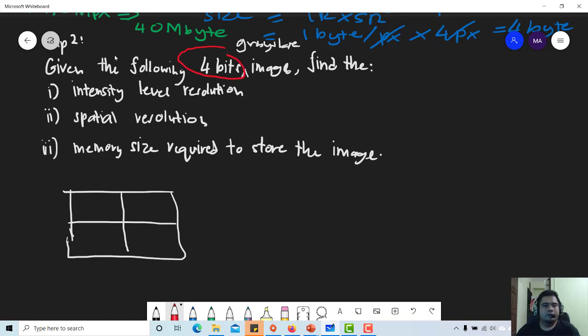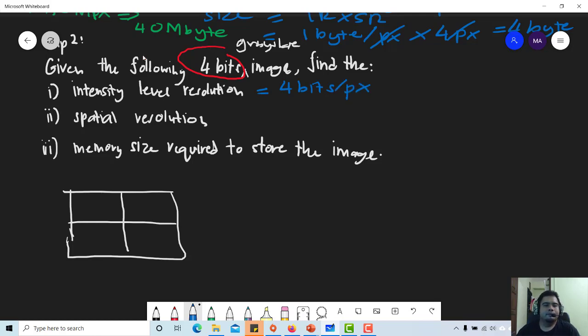If the question uses the term 4-bit here, actually that is refer to, I'm sorry, not spatial resolution, that is refer to intensity level resolution. So the intensity level resolution should equal to your 4 bits per pixel.